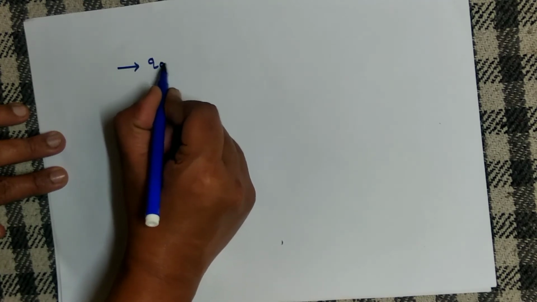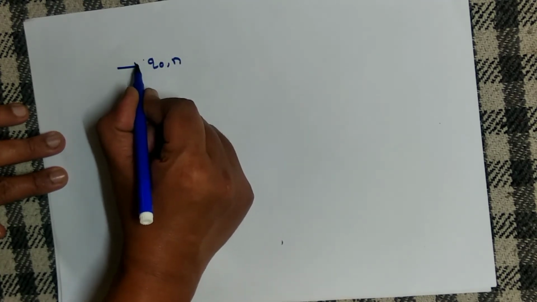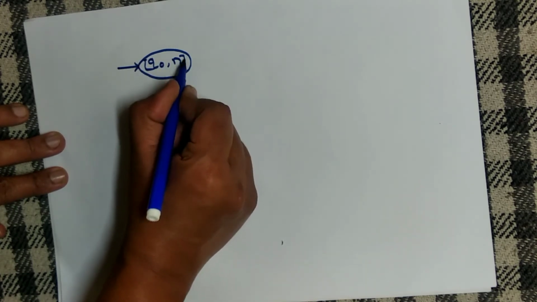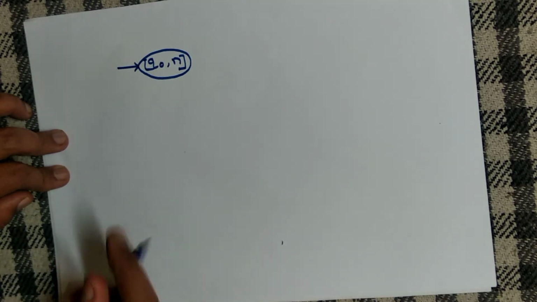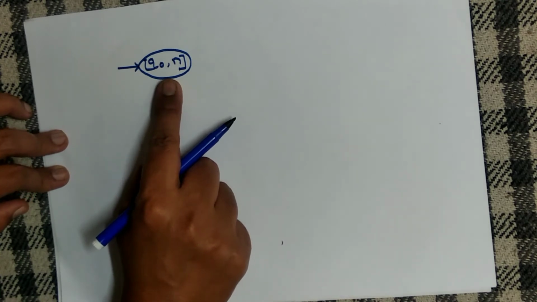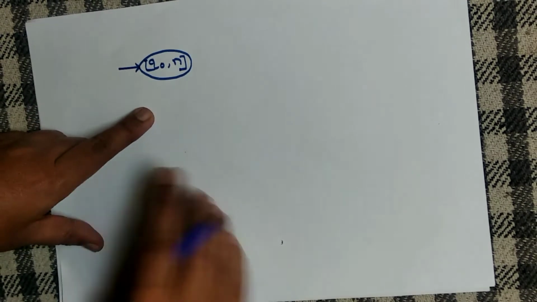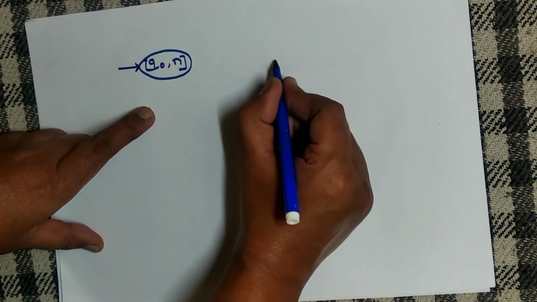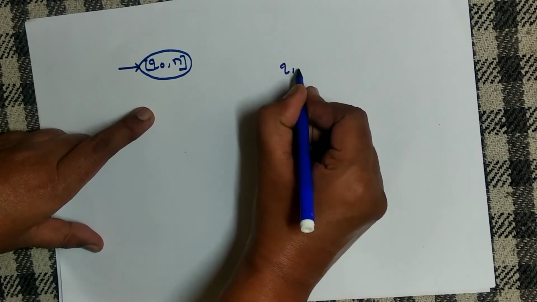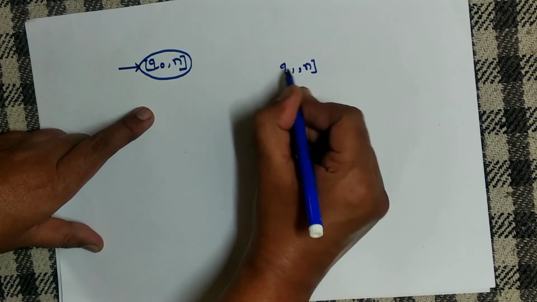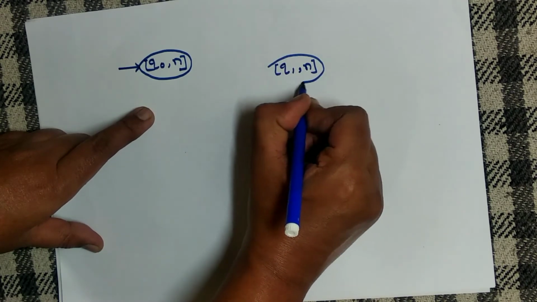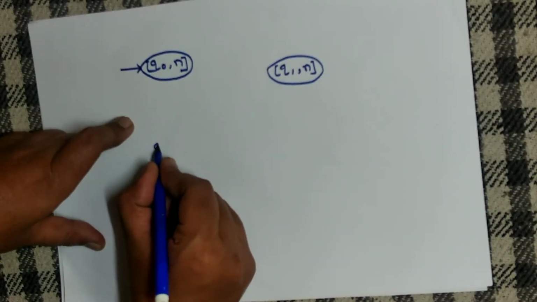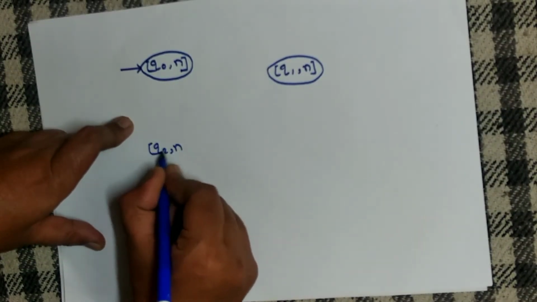The initial state is Q0n. As this is a set, enclose square brackets for this, and for all other states also. Next, Q0n. We have taken Q1n also. Then Q2n also we have taken.